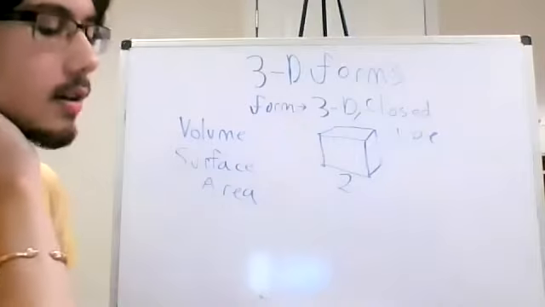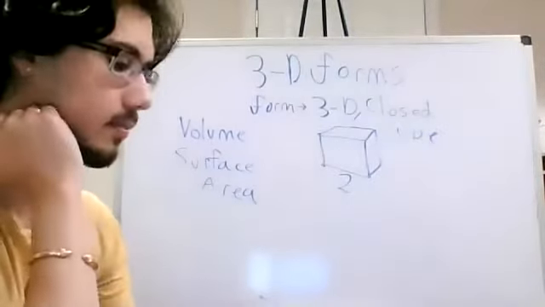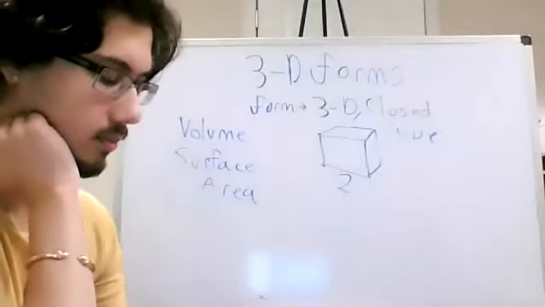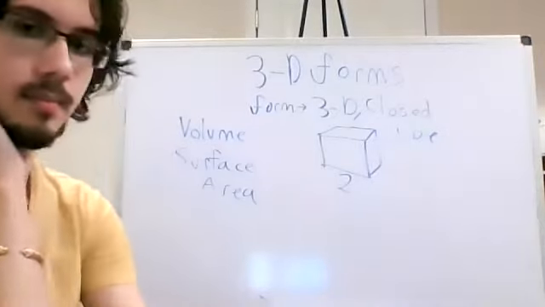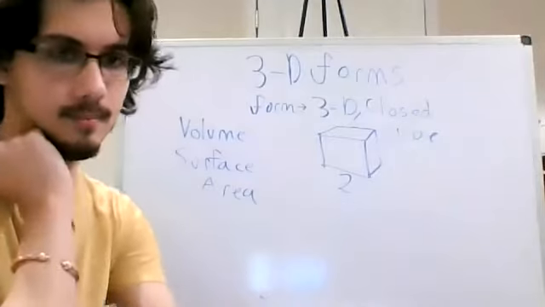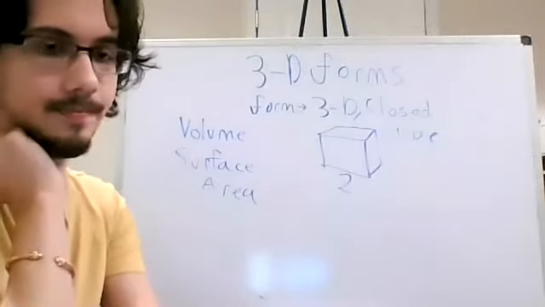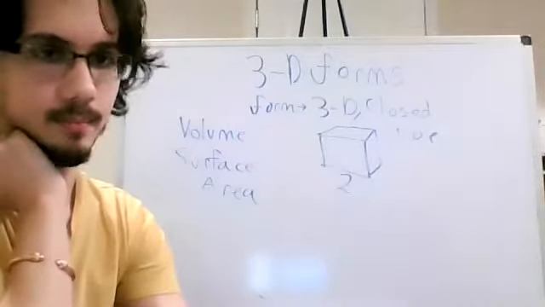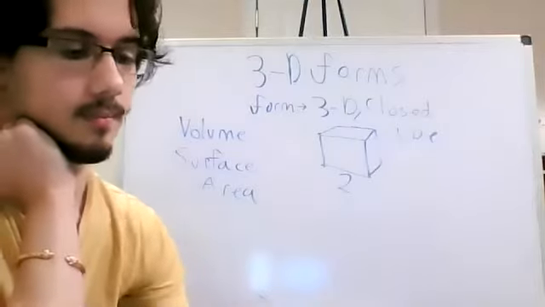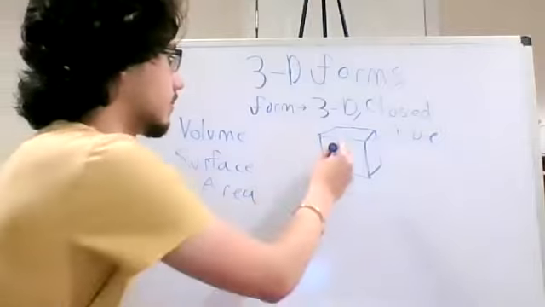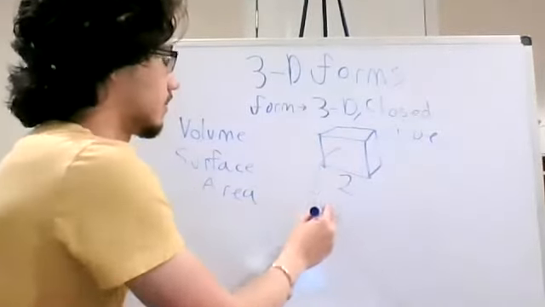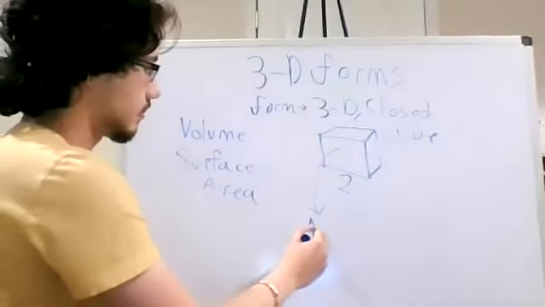Okay, so how are you going to do it? Excuse me, sir, I just want to ask, the base on one side is 2, right? Yes. Okay. First, you find the area of one surface, that is length times length, which is 2 times 2.